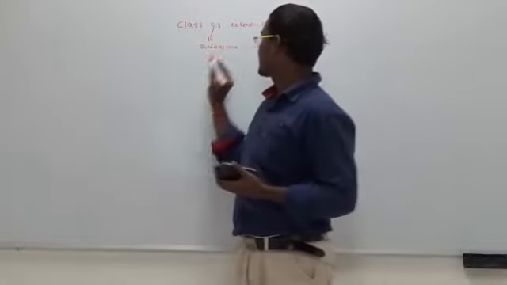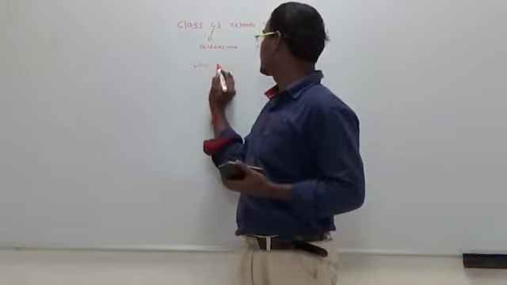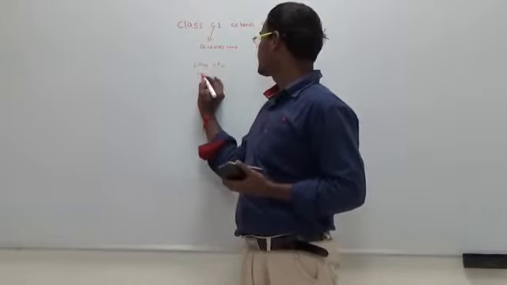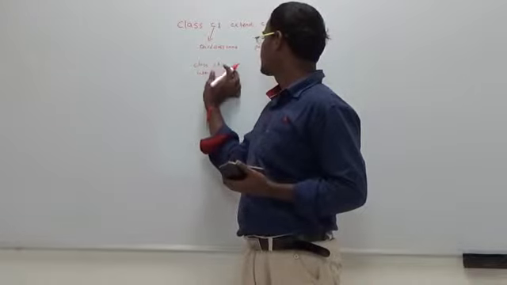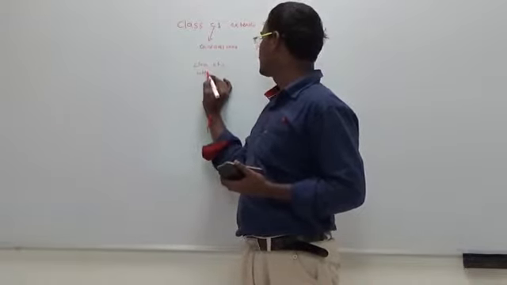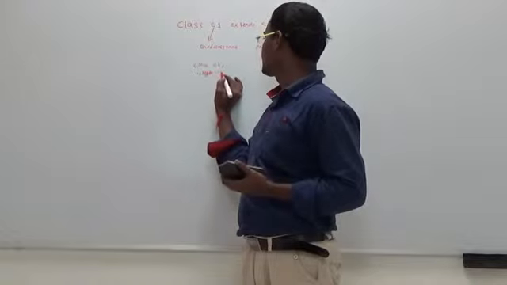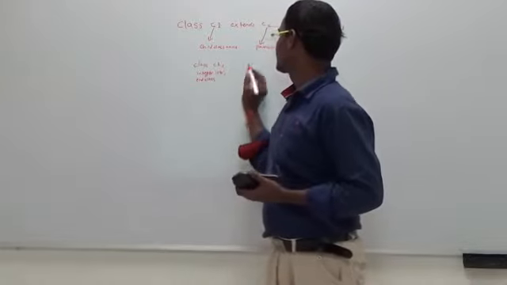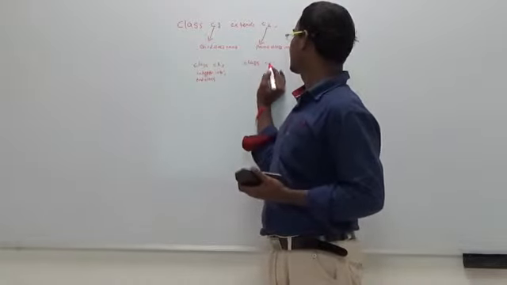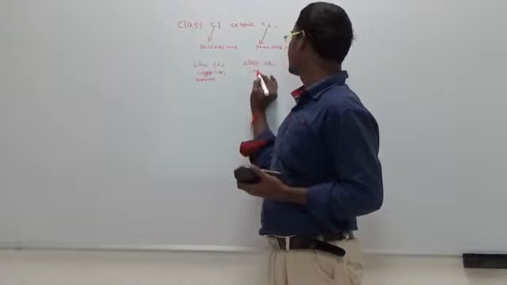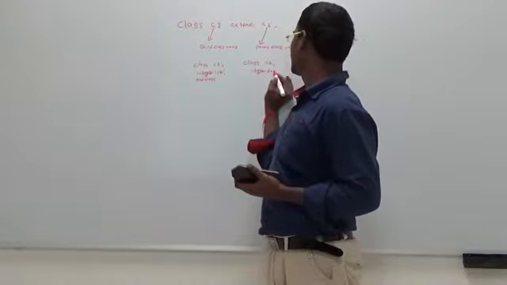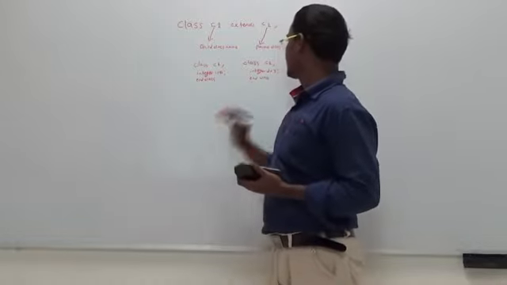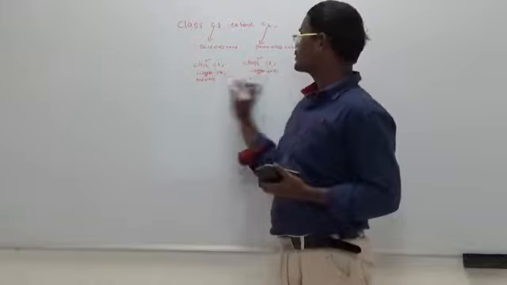That means there is a class C1 with integer i equal to 10 in the class, and there is a class C2 with integer j equal to 5 in the class. These are both separate classes.